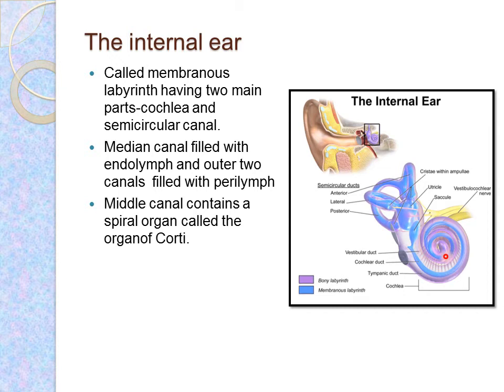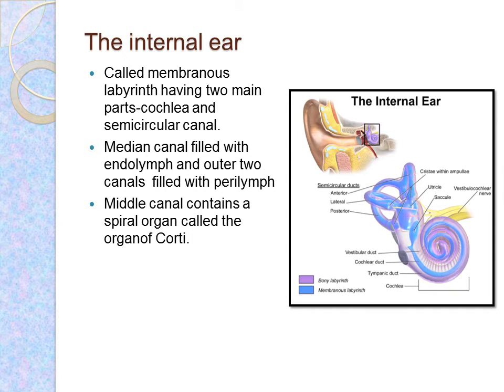Now next we will move on to the semicircular canals. Now the inner ear also contains 3 semicircular canals. These canals are arranged at right angles to each other in 3 different planes. One is horizontal and 2 are vertical.